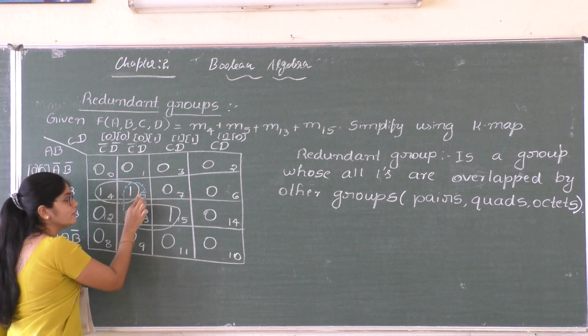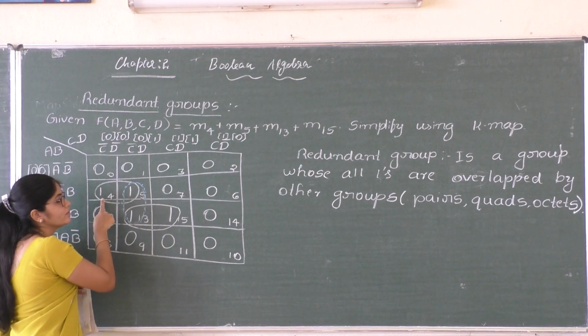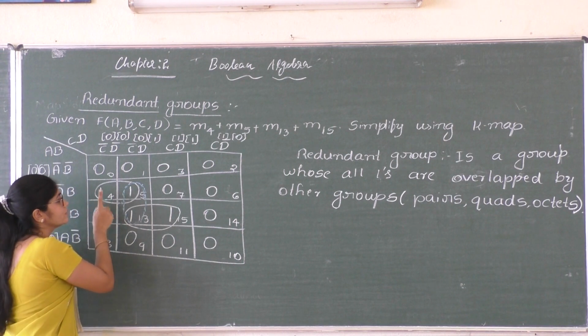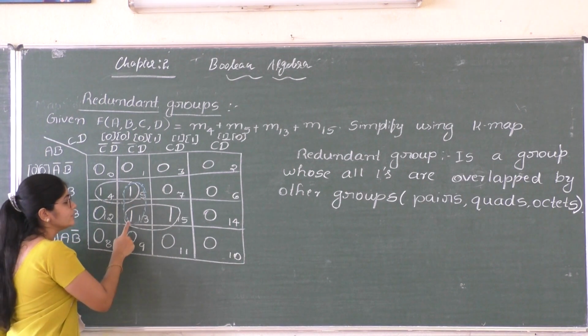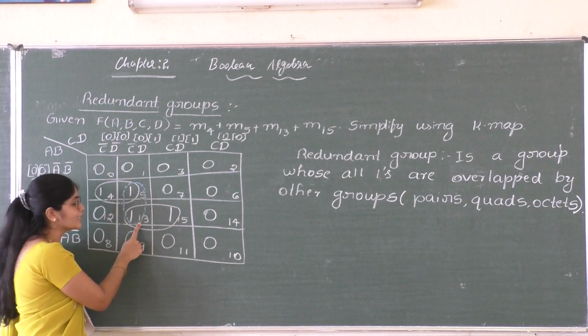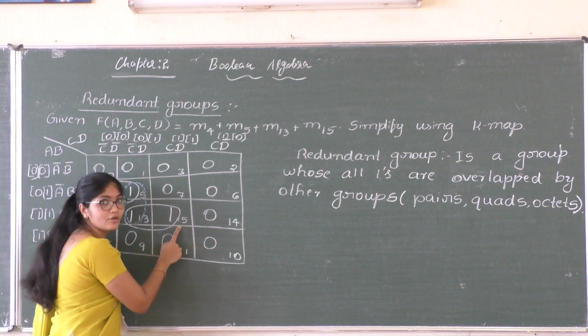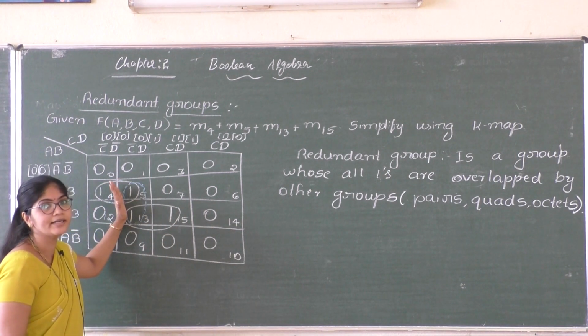See, the one in the 5th square is overlapped by the pair using the one in 4th square and 5th square, and the one in the 13th square is overlapped by the pair using the one in the 13th square and 15th square. So this pair is called a redundant pair.